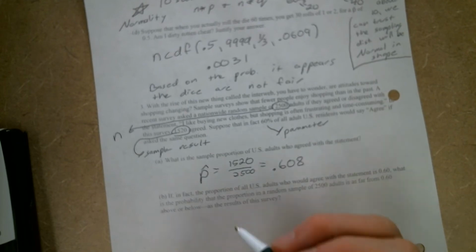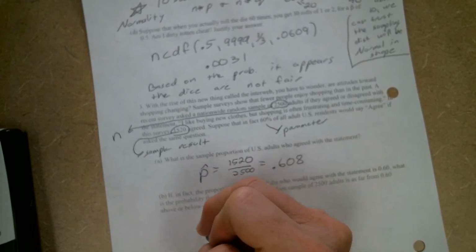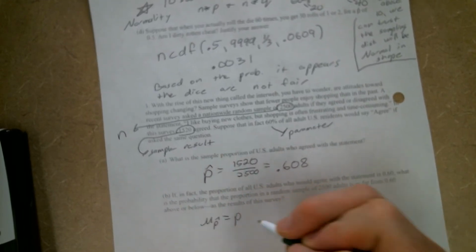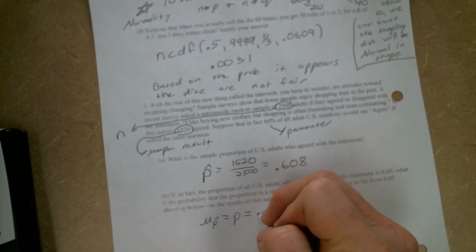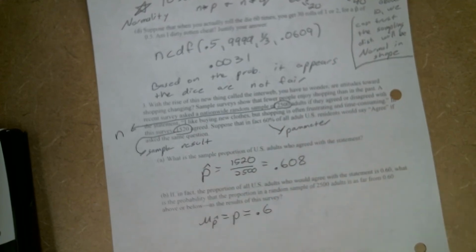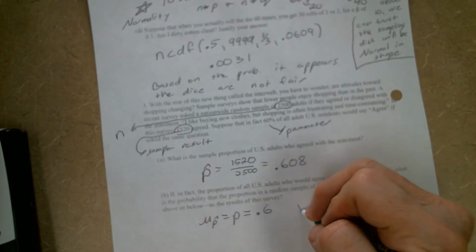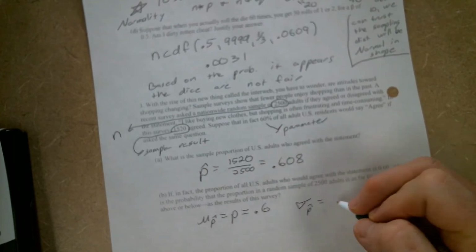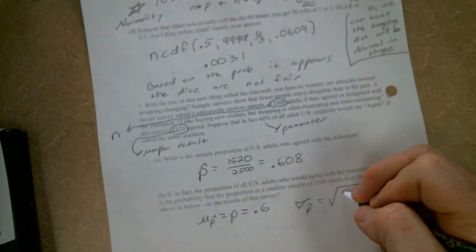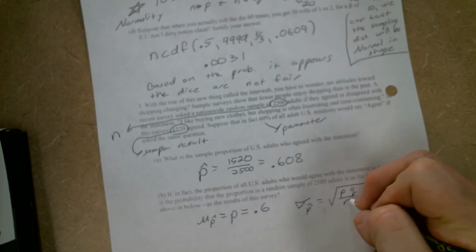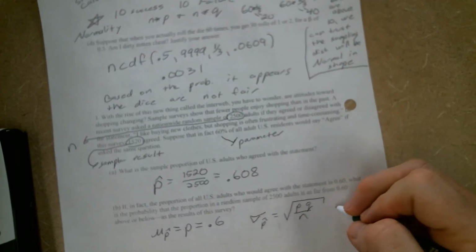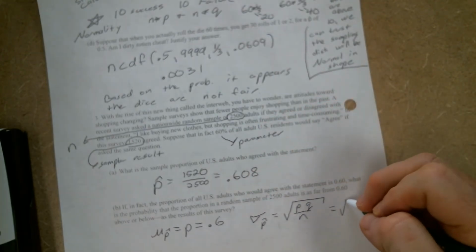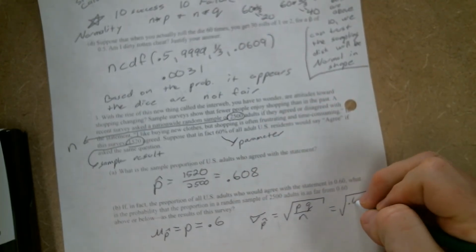Now, to answer this question, we need the mean of our sampling distribution, which we know is the population parameter, which the problem gave us as 0.6. We need the standard deviation of our sampling distribution, which is the square root of PQ over N. So in this case, we use the population parameter of 0.6.